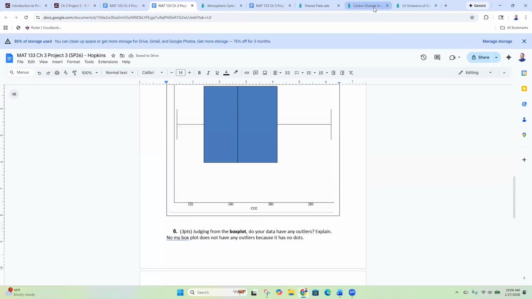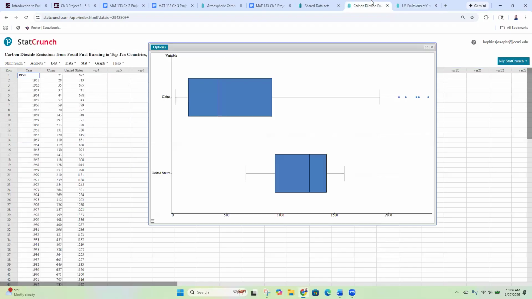The other one that I was showing earlier, the China one, I would say yes, China does have outliers because there are dots, right? Easy enough.